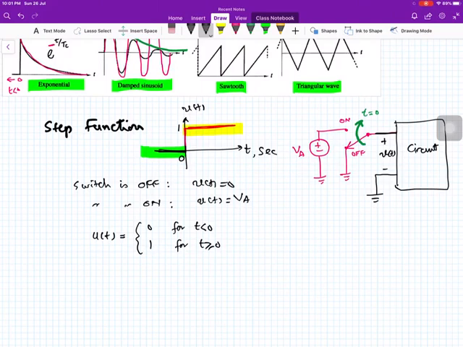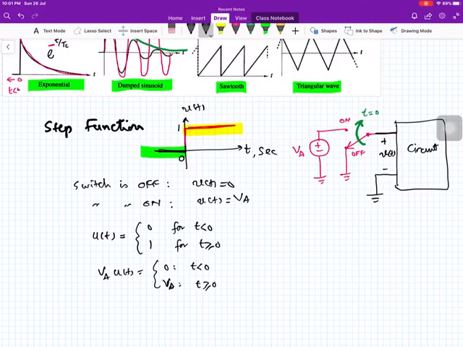Now if it is VA, we can write it as VA u(t). It means that it is 0 for t less than 0 and VA for t greater than or equal to 0.